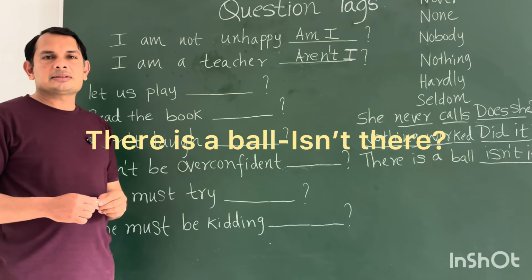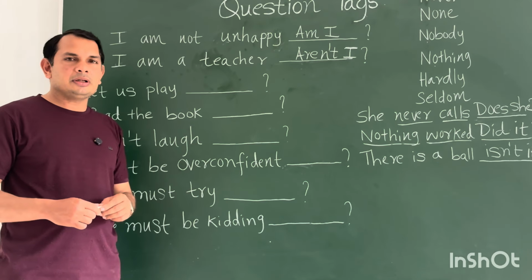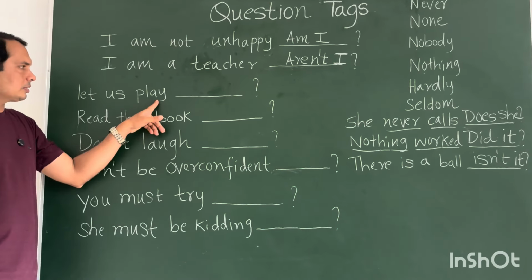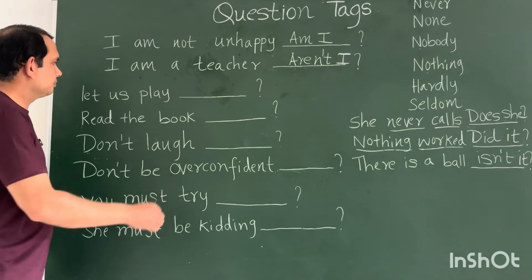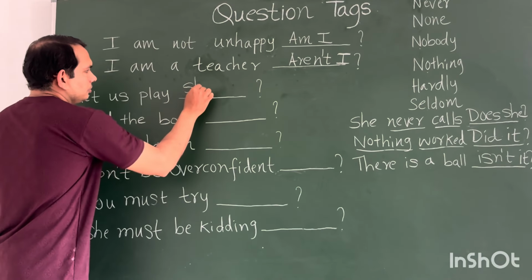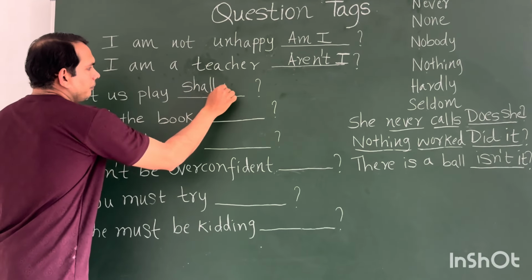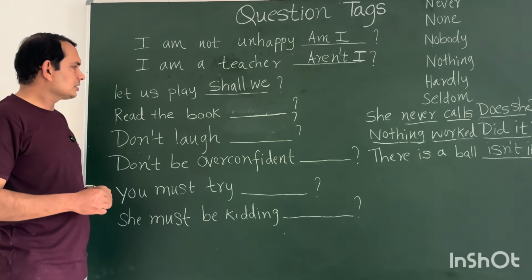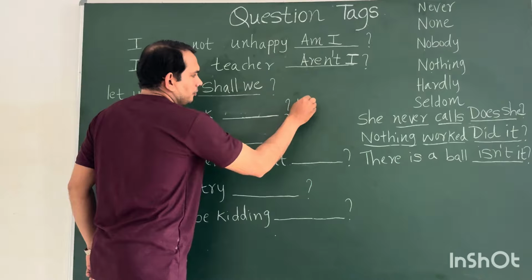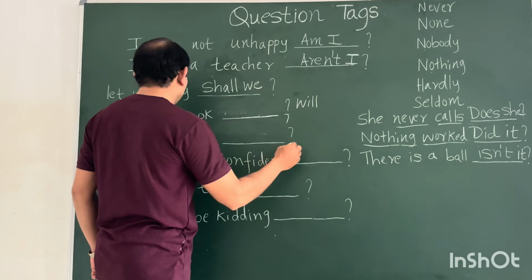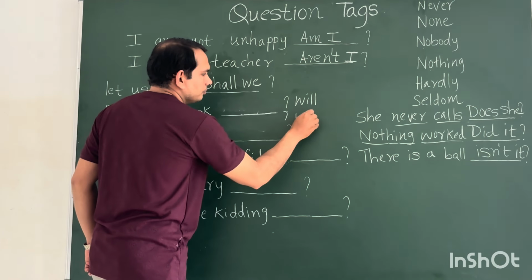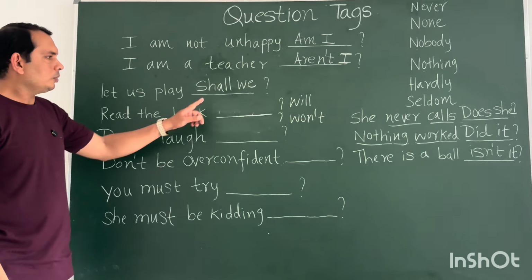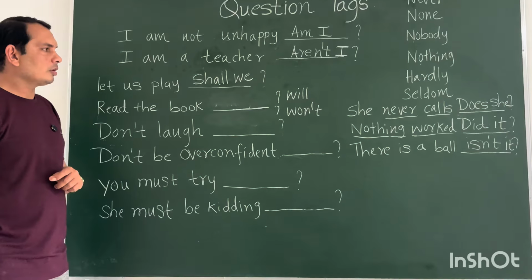As far as question tags are concerned, the deeper you go, the tougher it gets. Here are some examples. Let's play. To this, the question tag is shall we. This is interesting. What is the question tag to this statement? Read the book. We can write either will or won't. You may ask me how it is possible that two answers are correct in this context.